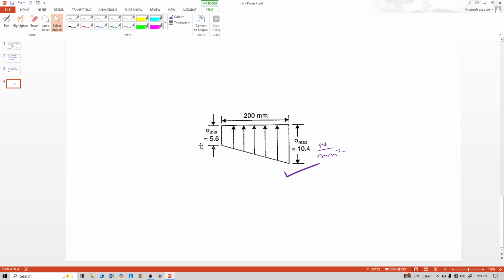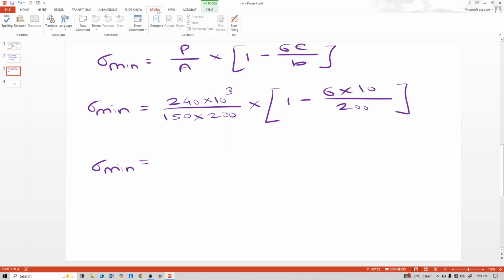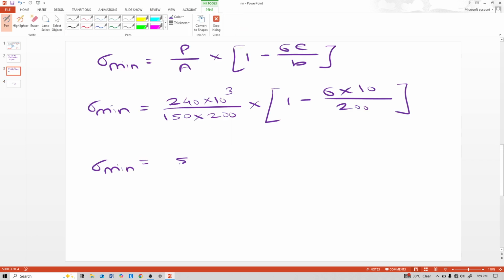See here sigma minimum is 5.6, so yes it is correct, 5.6 Newton per mm square. Why Newton per mm square? Because P is in Newton, and area, eccentricity and width are all in mm, so that's why. And stress unit is Newton per mm square, kilonewton per meter square, like that.